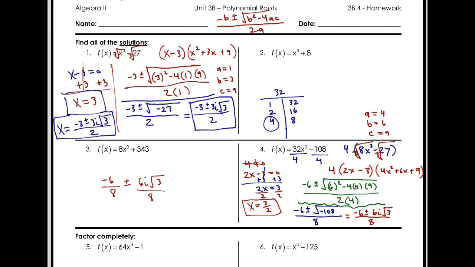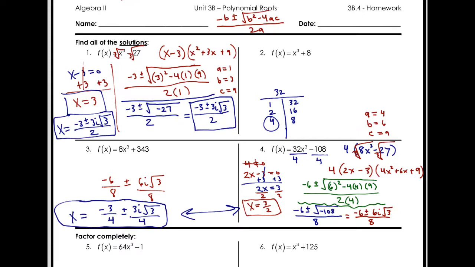And you'll see that that simplifies down to negative 3 over 4 plus or minus, obviously 6 over 8 is going to be the same thing, but this time you won't have the negative, so it'll be 3 radical 3 over 4. And that's what x is equal to. So there's your other solutions. All right, so 2 solutions are right here.